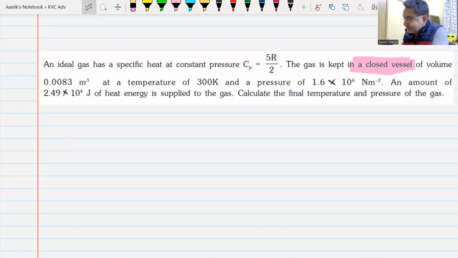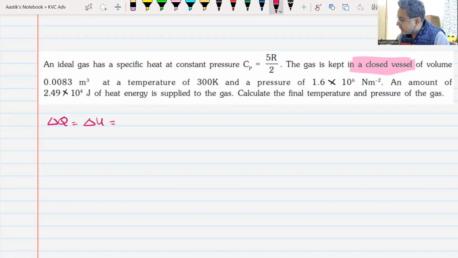Delta Q is equal to delta U is equal to n Cv delta T, where n is PV by RT. So that is PV by RT into Cv into delta T. The heat is already given to you, 2.49 into 10 raised to the power 4 joules.